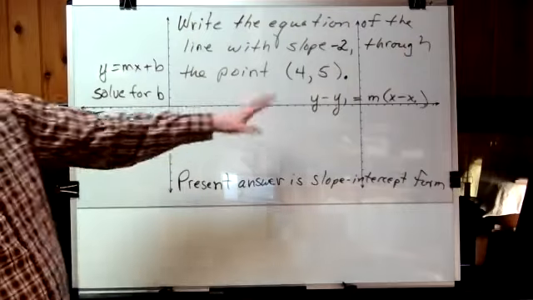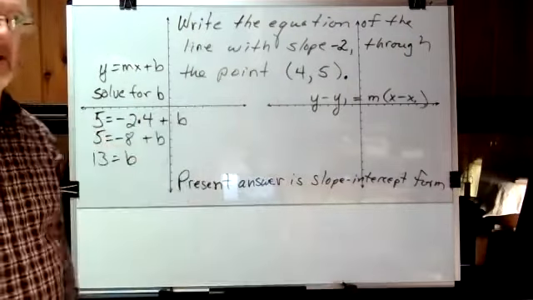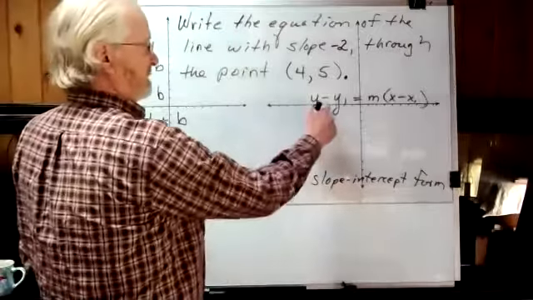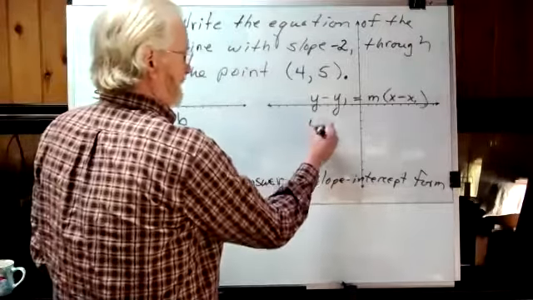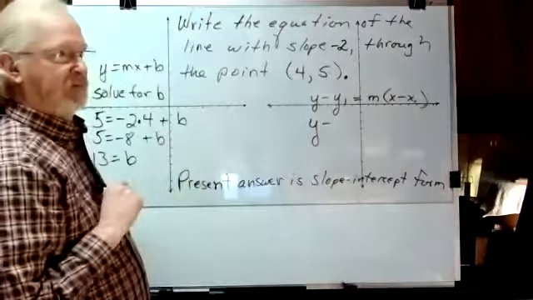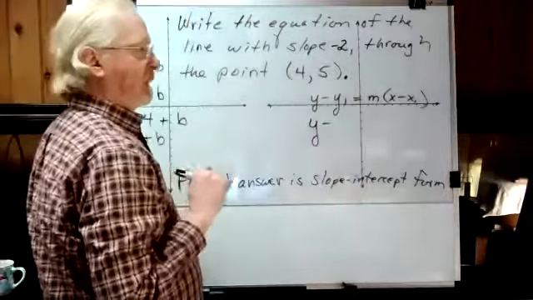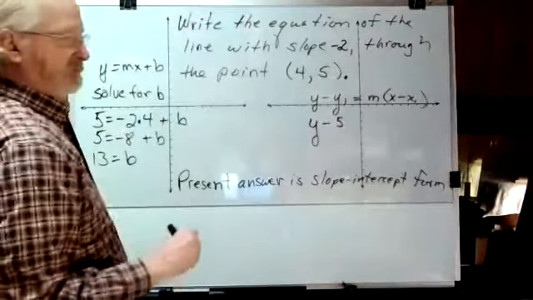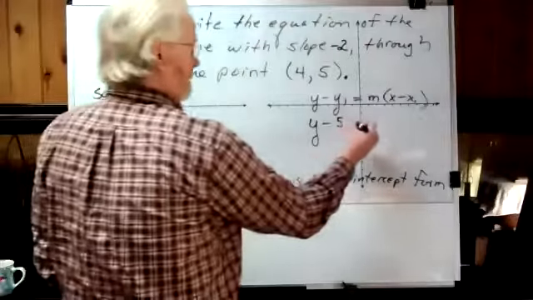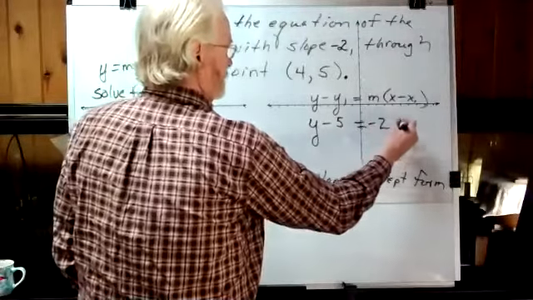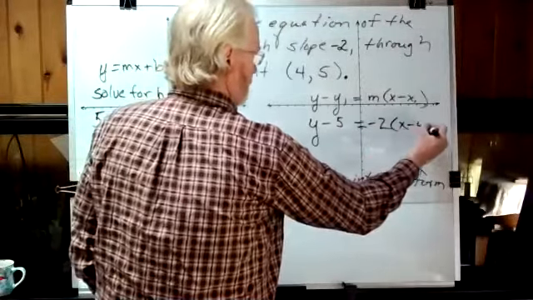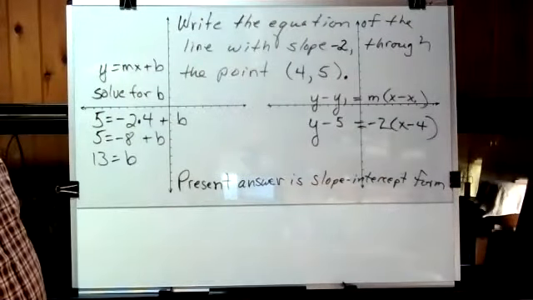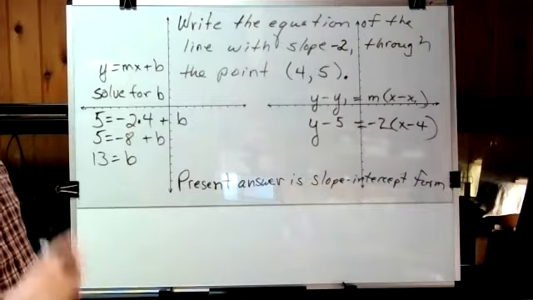Similarly, over here, the first step is to substitute what I know into the form that I'm choosing to use. Again, make sure you get your y value. That negative is part of the formula, so now put in the y number, and if it happened to be a negative, you could say negative negative, or you could say plus. And what's this? y minus 5 equals -2 times x minus 4. Does that look okay? That's substituting the values in that I know.